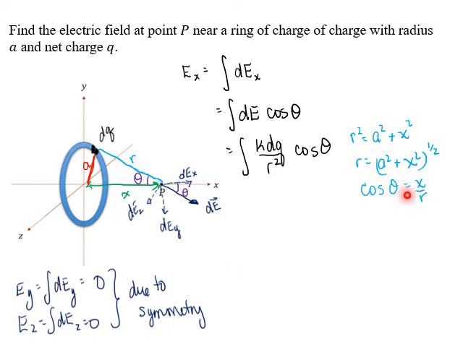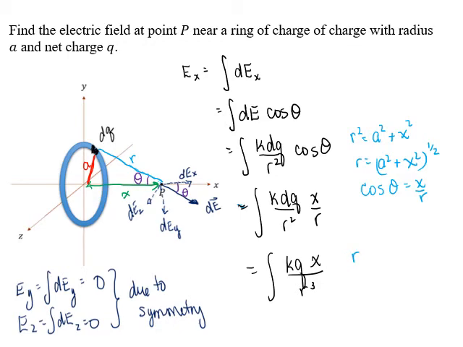So let's put this in for cosine theta and see what we get. So we get the integral of k times dq over r squared times x over r. So that's the integral of k times dq times x over r cubed. Okay, what next?